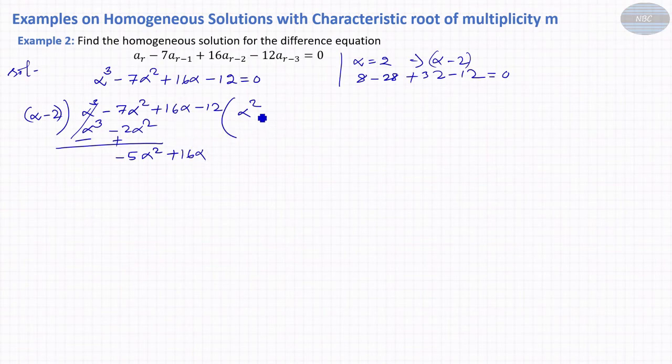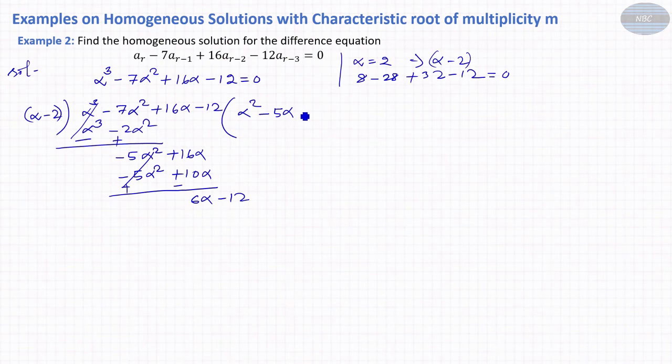Now we have to multiply minus 5 alpha with this alpha minus 2, we will get minus 5 alpha square, and minus into minus is plus 10 alpha. Cancel out, so this becomes 6 alpha minus 12.